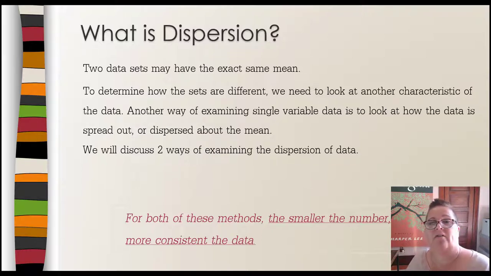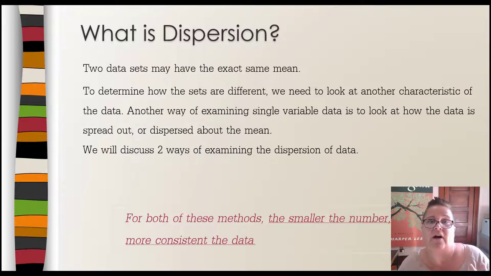Dispersion, the word itself, is like to disperse. When you see a crowd disperse, it's about the crowd spreading out and not being concentrated. So oftentimes when we look at two different sets of data, we will find that a lot of their information is very close. They may have the same range, they may have the same mean, but one characteristic that we can look at is how spread out the data is.